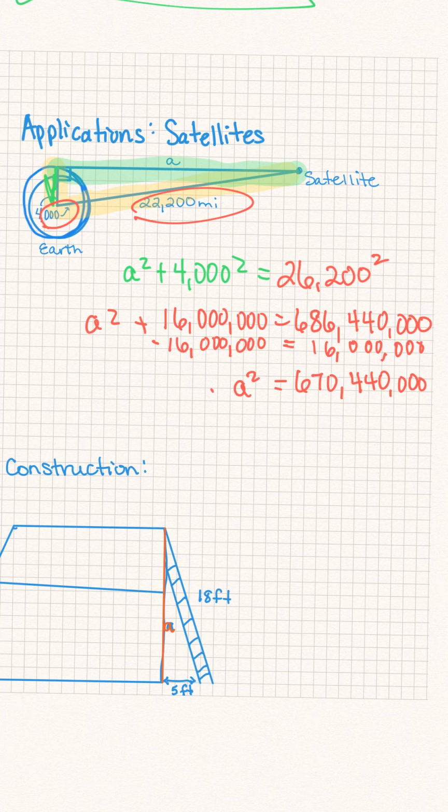We take the square root of both, so a equals, and you can use a calculator for this, the square root of 670,440,000, which is about 25,893.